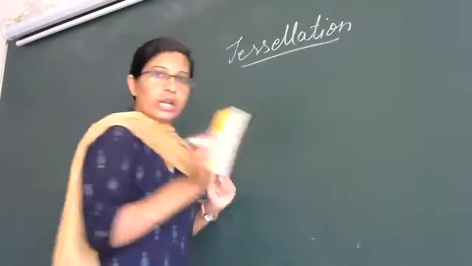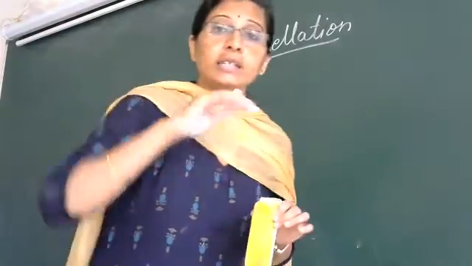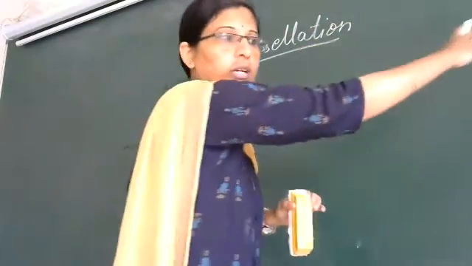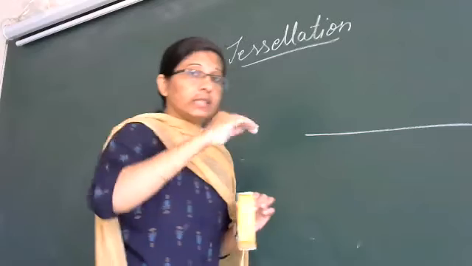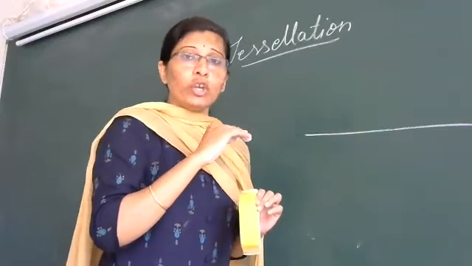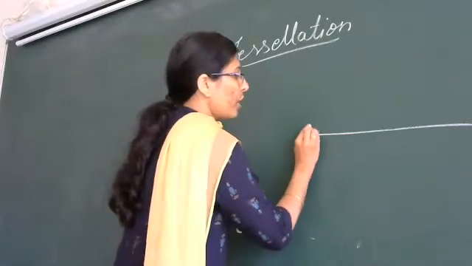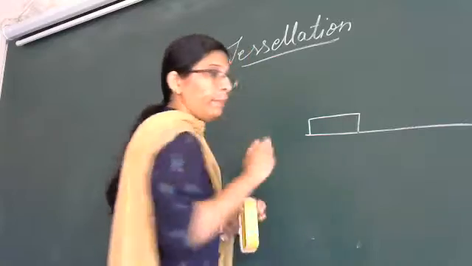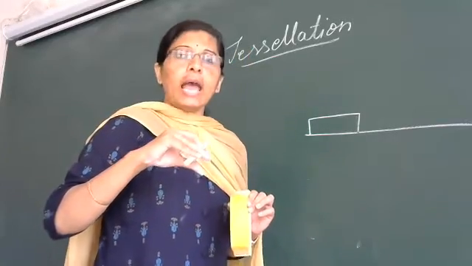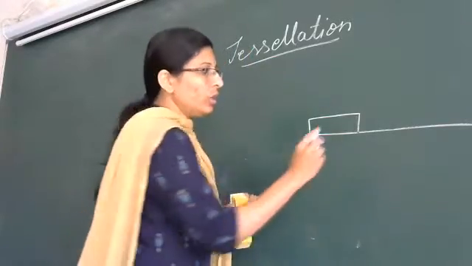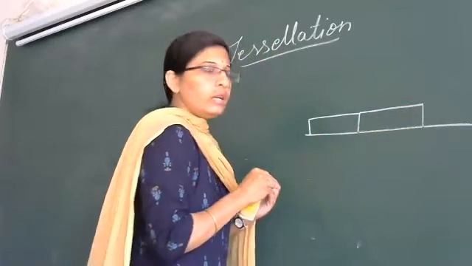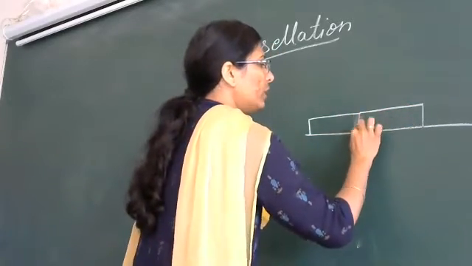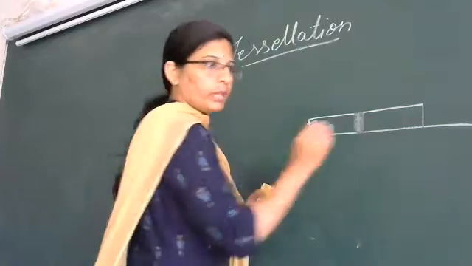Now tell me, when they construct a wall, they keep rectangular bricks. First they keep a brick like this, and then they keep one more brick like this, and in the middle they put cement.